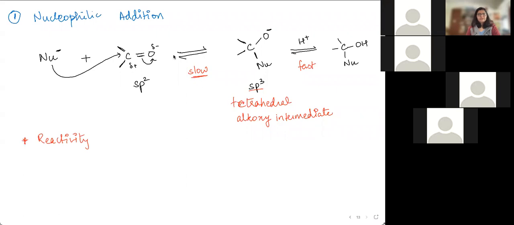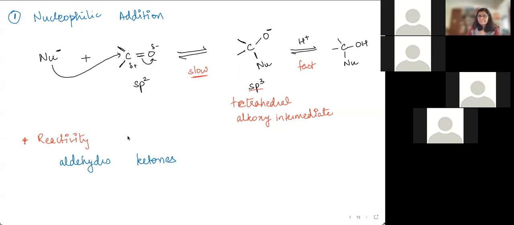So if we have to compare the reactivity, reactivity will depend on how strong is this polarity and how easily is this particular thing forming. So between aldehydes and ketones, which one will be more reactive? Aldehydes. And why?